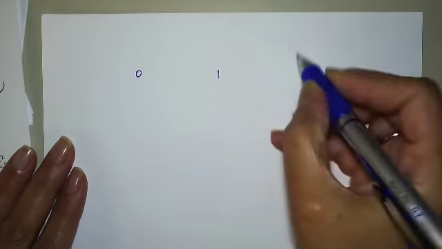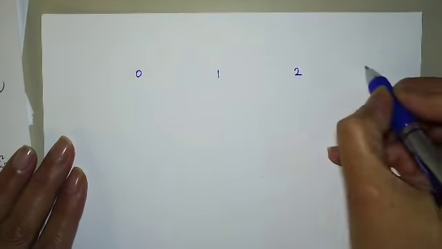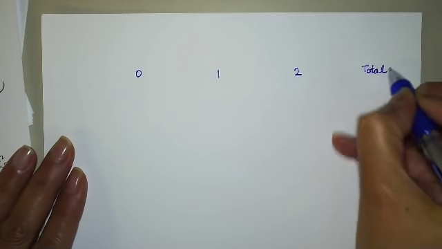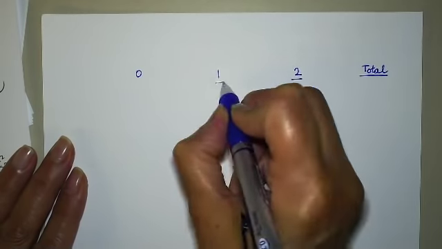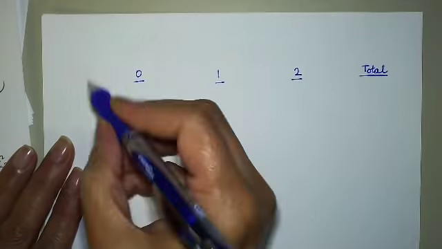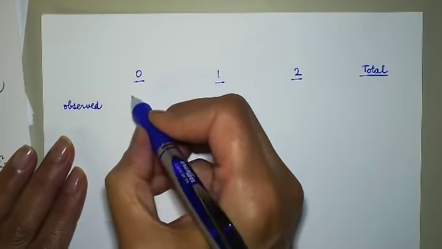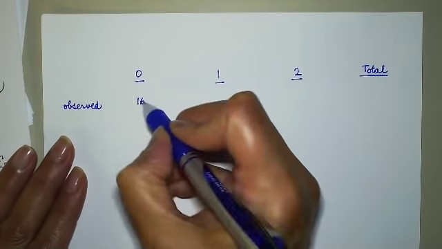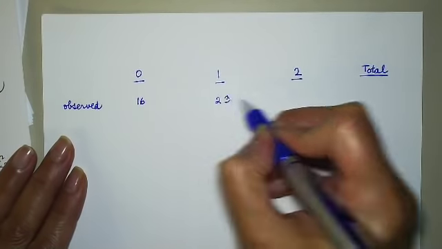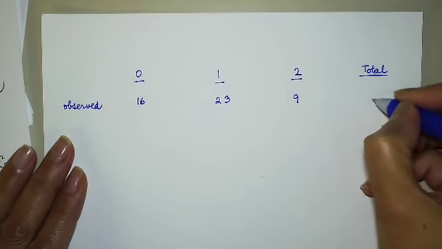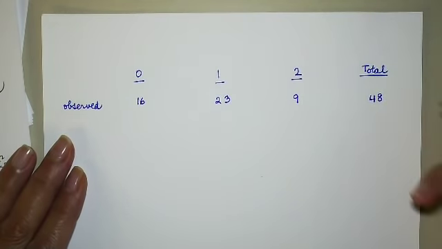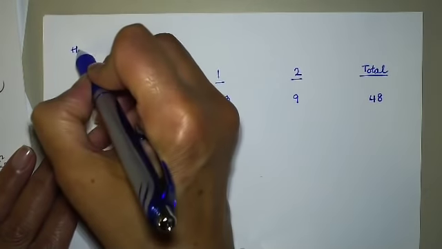No airbags, 1 airbag, 2 airbags, total. And they gave you observed counts. These were given 16, 23, 9, a total of 48. And you want to test the following hypothesis.